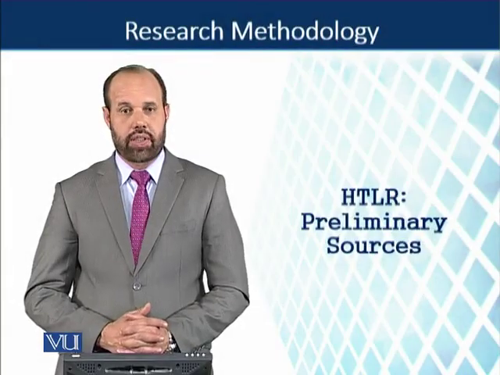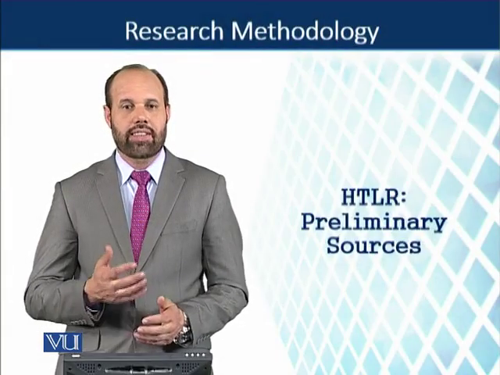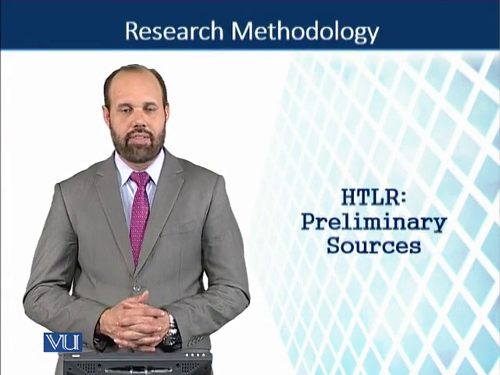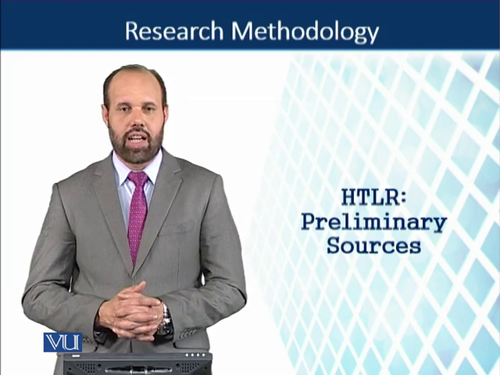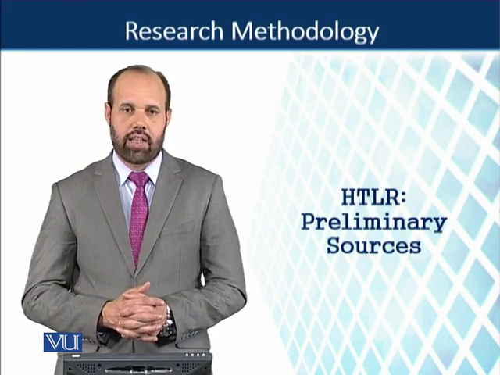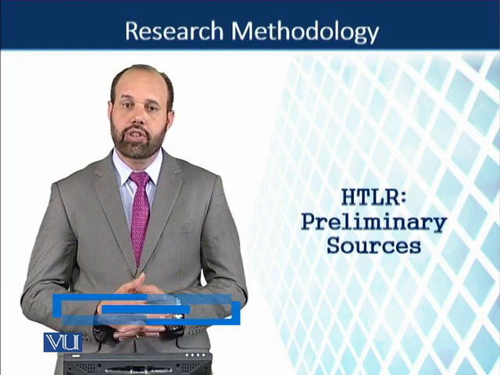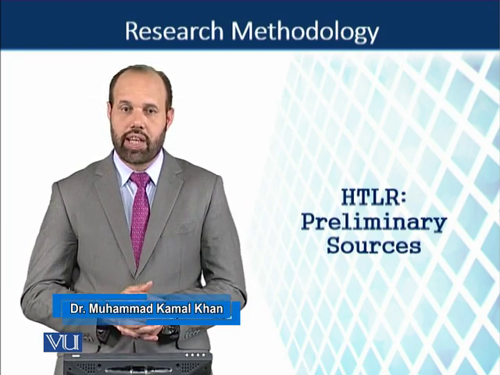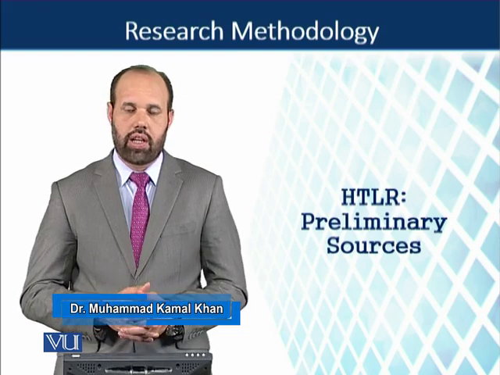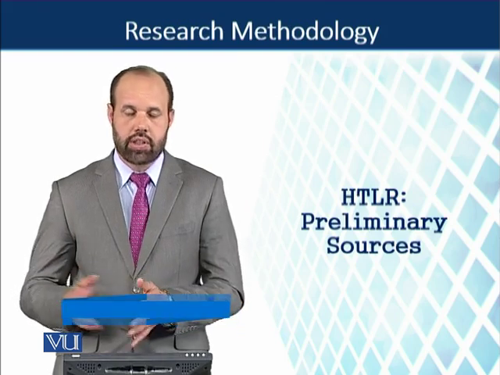How to locate research. In order to answer this question, we have one kind of answer, although there are many others. But one answer is that using preliminary sources, we can answer this question, that how can we locate research by using preliminary sources.